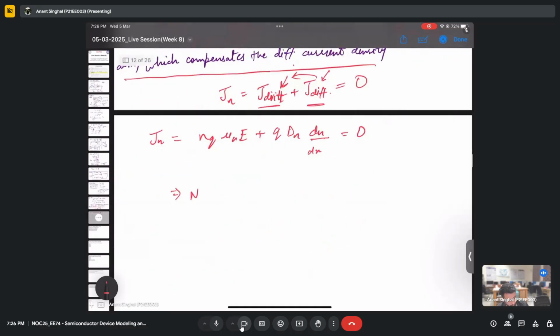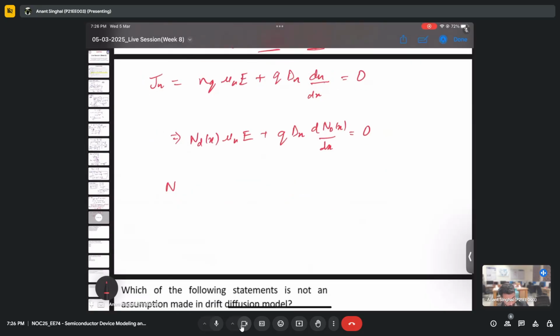So let me write that: ND(x) mu n E plus q Dn dND(x)/dx equals 0. Now I'm just substituting the values. So this is ND naught exponential of minus x by L mu n E. Let's say I'm equating this, and this will now be minus q Dn times the differentiation of ND(x). So the differentiation of this term will be, anyone?